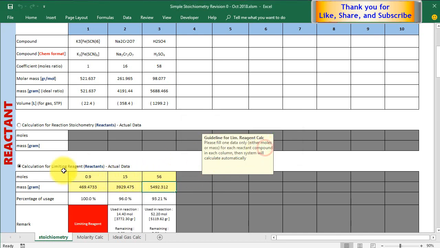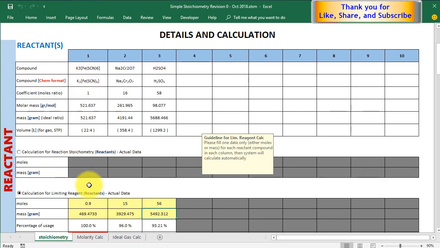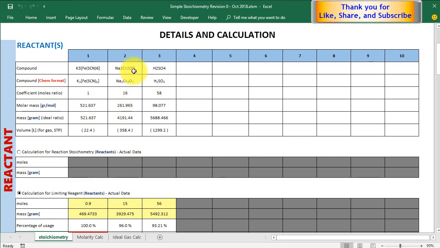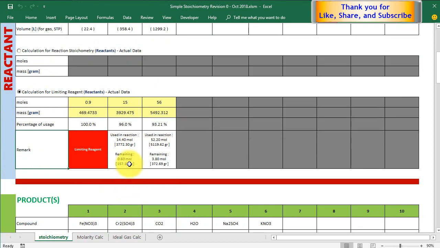And for this composition, yeah, this compound is acting as the limiting reagent because the percentage of usage is 100% and the others are only 96% and 93.21%, and the remaining, in the remark, yeah, for this compound is 0.6 mole or equivalent to 157.18 grams.